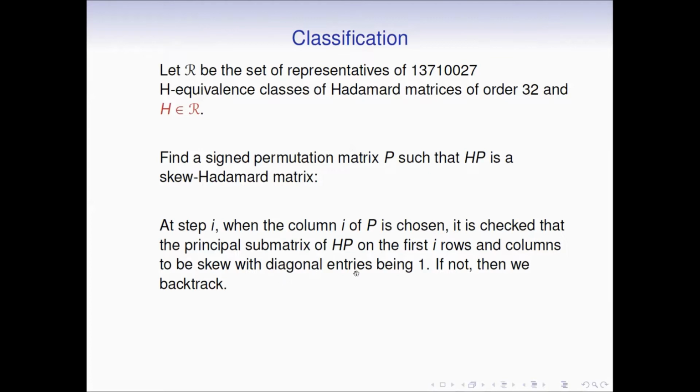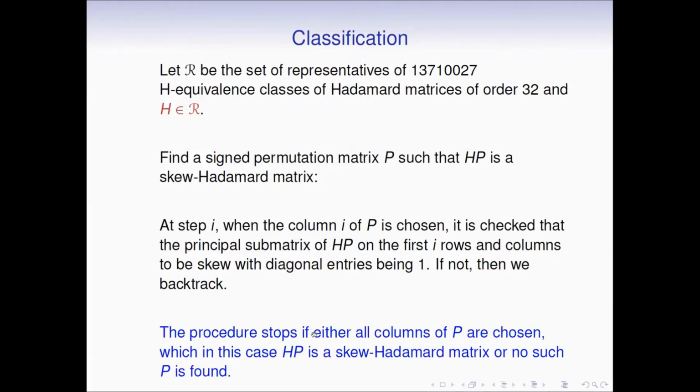Also, the diagonal entries must be 1. If not, we backtrack to step I-1. If it is okay, we proceed forward. So in this way, we construct P. If we find a P, then we obtain that the class contains a Skew-Hadamard matrix.